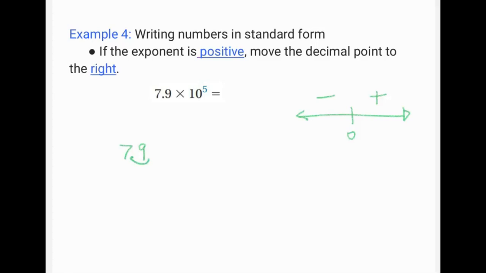So there's 1, 2, 3, 4, and 5. And we're going to fill in those gaps with zeros. And so our final number then becomes 79 with 4 zeros, 1, 2, 3, 4. And usually after 3 places over, we like to put a comma so it's easy to read.